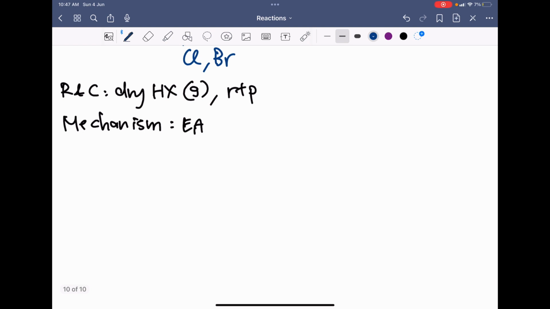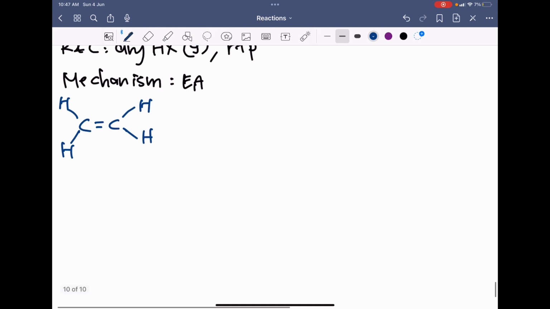So we will look at a good example. I'm going to draw this as a displayed formula just because it might be easier for some people to understand, but please try to draw skeletal formula for your exams because it is just way faster. So now we look at step 1.